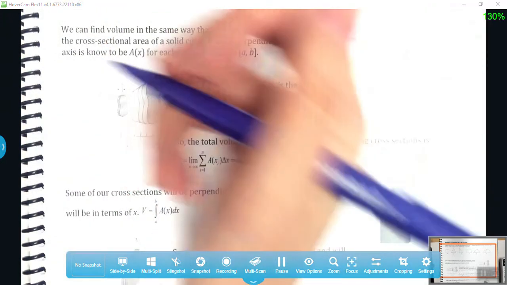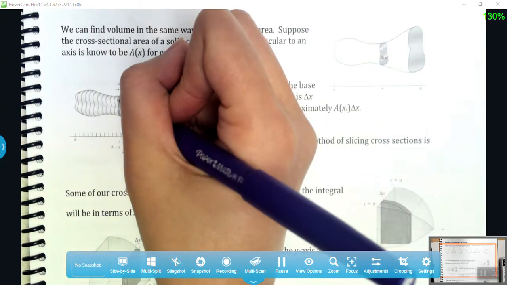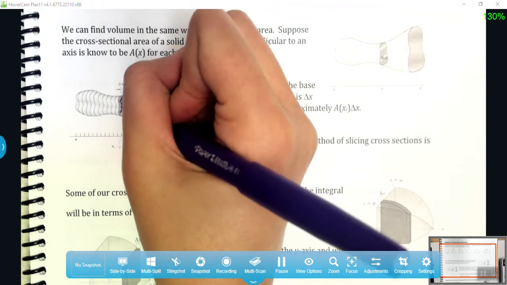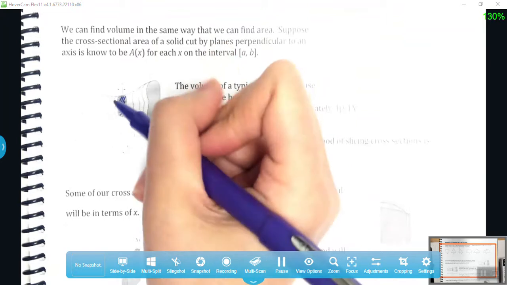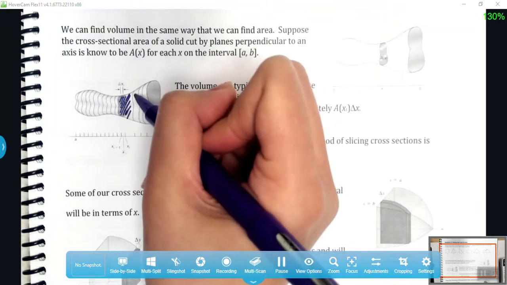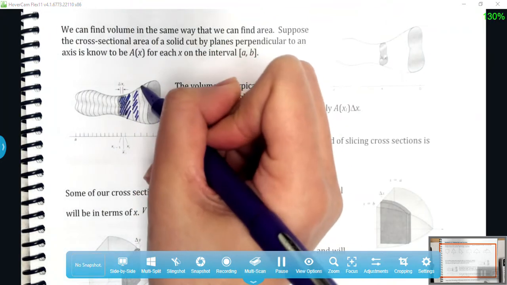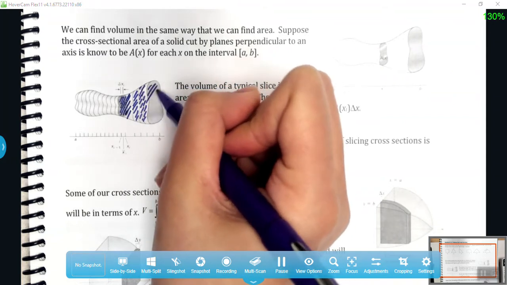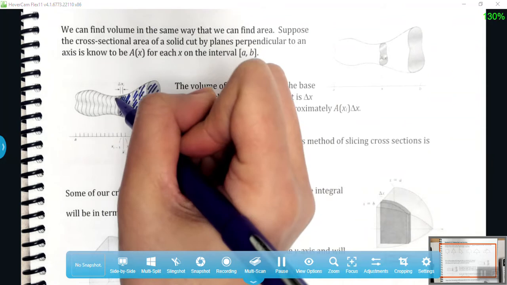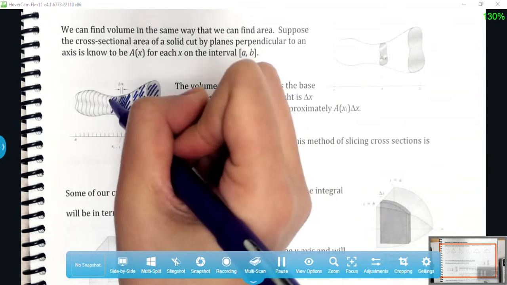Okay, basically, when you find volume, you're taking the area of one cross section and adding it to multiple cross sections added together. So you just keep adding area of a cross section up. And if you add up all of the areas of the cross sections, then you end up getting volume, right?